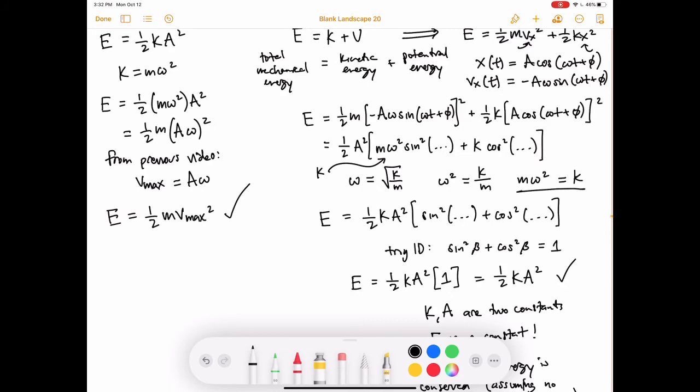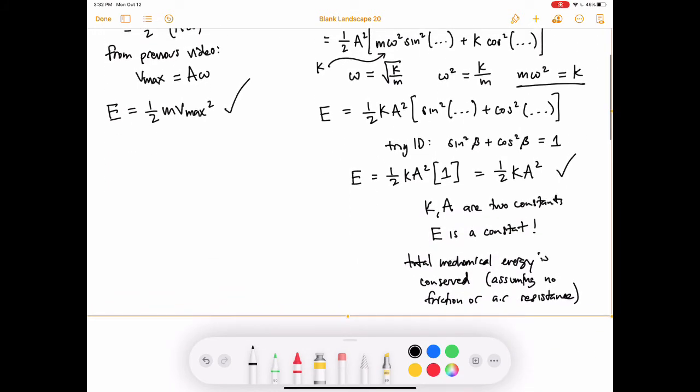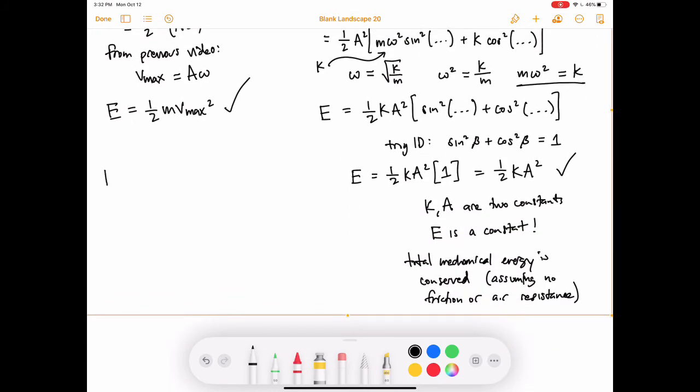Okay, so that proves the other result. So we can write the total mechanical energy as 1/2 k a squared in terms of amplitude, or 1/2 m v max squared in terms of the maximum speed. These are the same thing.